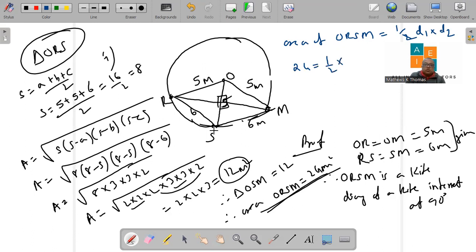One diagonal, that is OS, is already given 5, and the second diagonal is what we need to find, that is RM. Cross multiply, we get 48, and the 5 comes down. So the value of RM, that is distance between Reshma and Mandeep, will come 9.6 meters. So this is an important question to find out the distance between Reshma and Mandeep, and the answer should come 9.6.